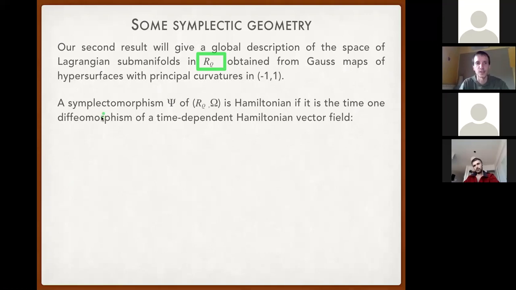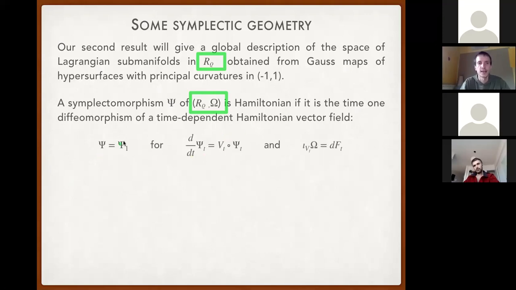So a symplectomorphism, I think you know what it is, is a self-diffeomorphism of our favorite symplectic manifold, which of course is this one, which preserves the symplectic form. And this is called Hamiltonian if it can be obtained as the diffeomorphism by integrating at time 1 a vector field, which a priori might be time dependent, which is Hamiltonian.